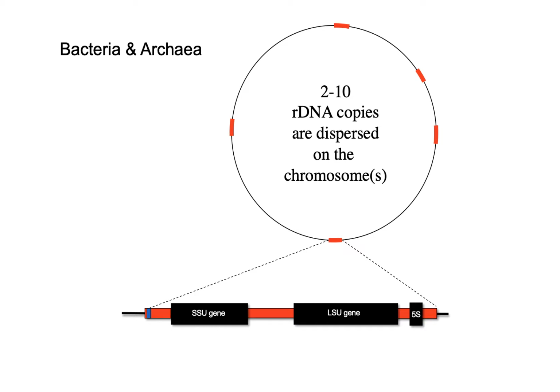E. coli has 7 copies, and because it has 7 copies, this is sufficient to produce 20 to 40,000 ribosomal RNAs and thus ribosomes in the 20 minutes during the time it's undergoing cell division. And that's enough ribosomes to load up into both cells, so they would have between 40 and 80,000 ribosomes. That's enough for each cell to survive, each of the daughter cells.